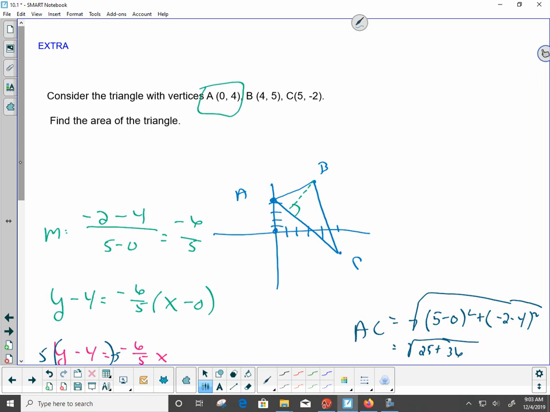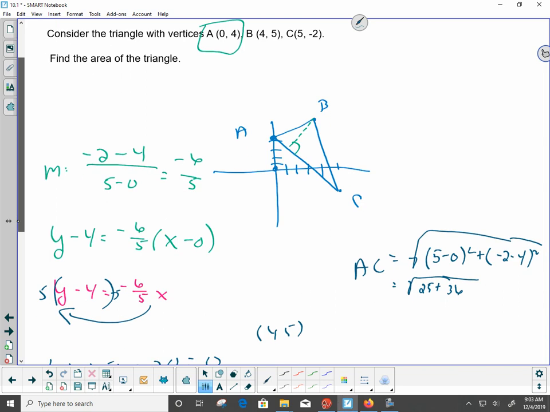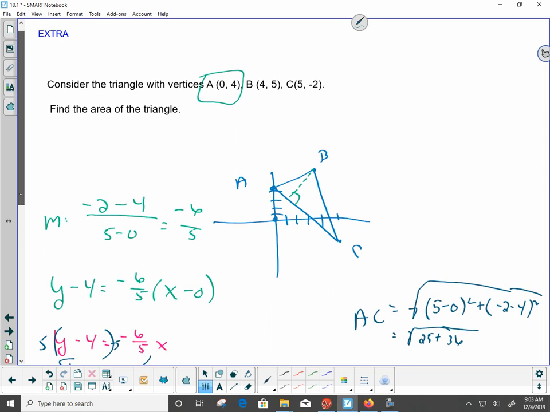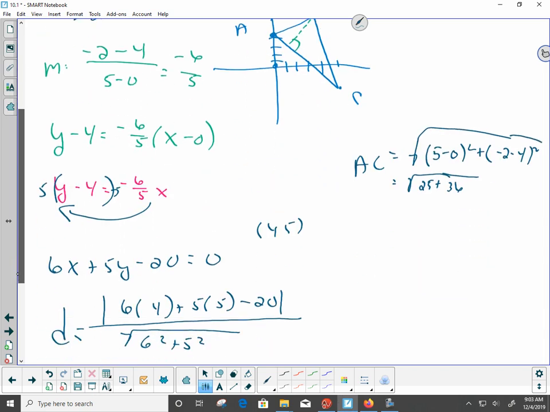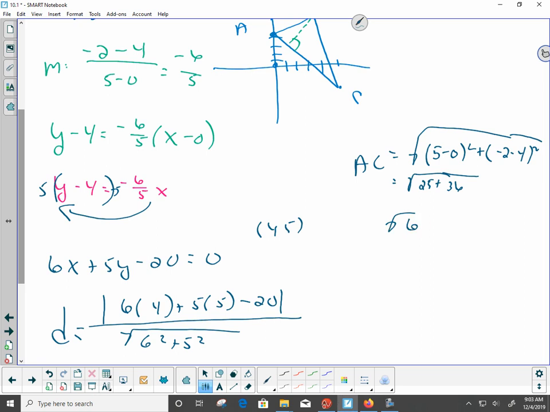I found the distance from AC to B. So this ends up being the square root of 61 as well.